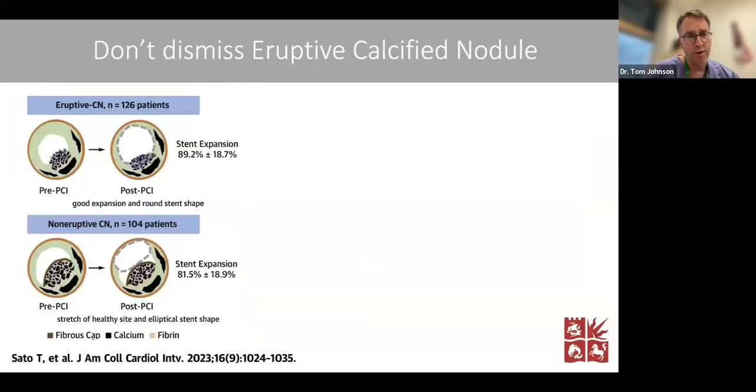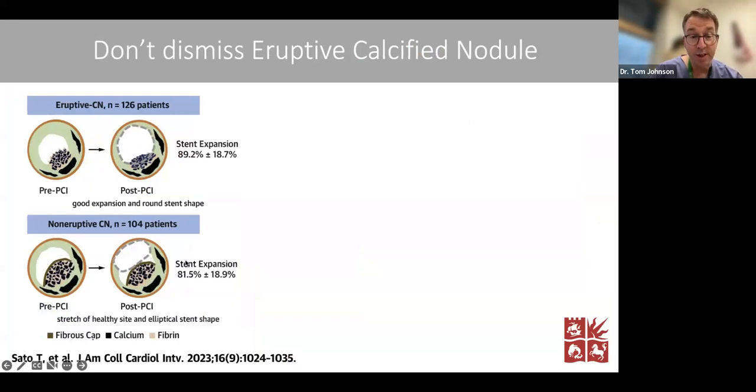And so this is a really nice series looking at eruptive versus non-eruptive calcified nodule. So looking for these OCT appearances of a craggy, irregular-surfaced eruptive nodule against a smooth protrusion. And I have to say, I'd always been most concerned about this smooth protrusive disease, where I worry that you deploy your stent and then you don't get adequate expansion.